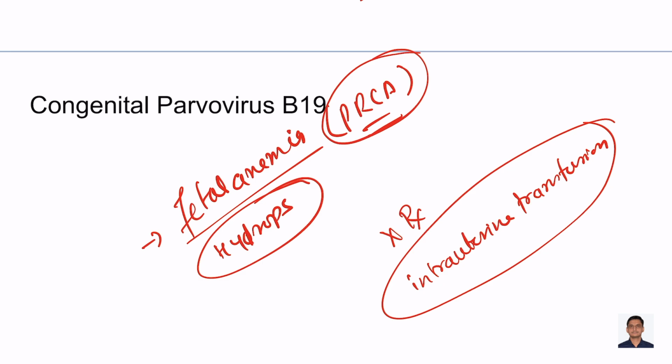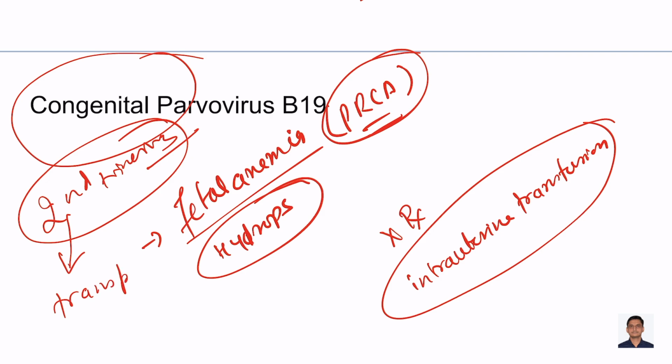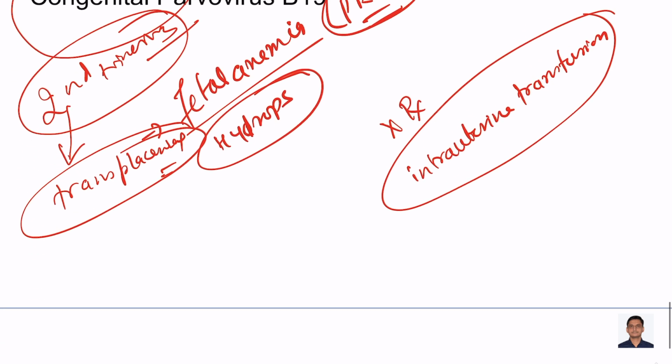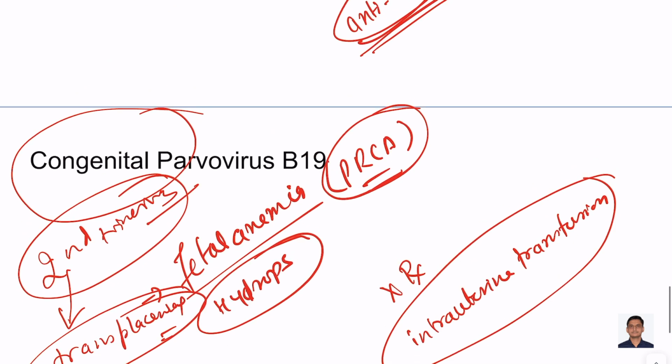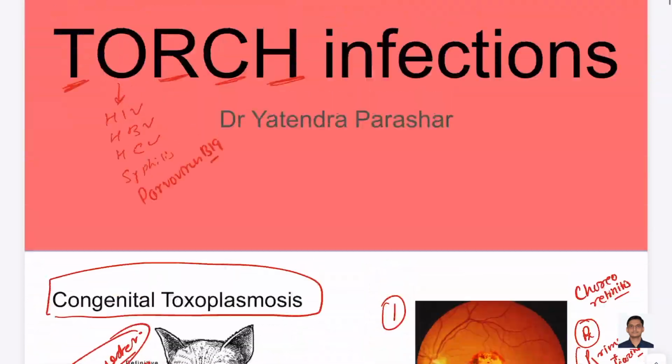And mainly the infection occurs during the second trimester, and during that phase it is transmitted transplacentally to the fetus. So today we have discussed the TORCH infections and their effects on the newborn. Thank you.